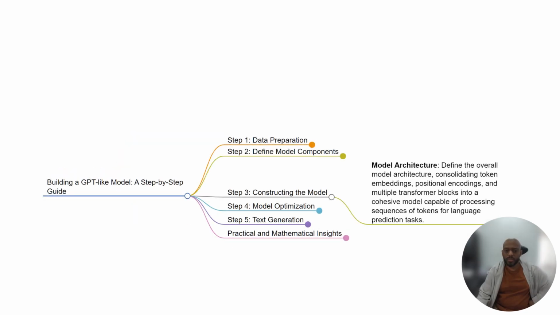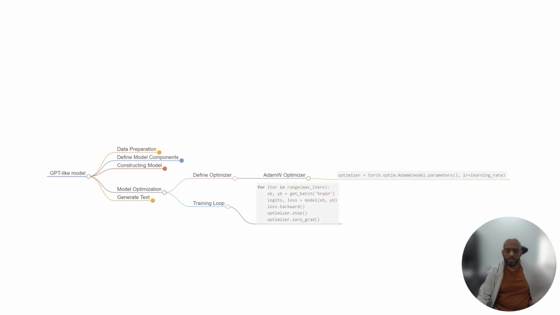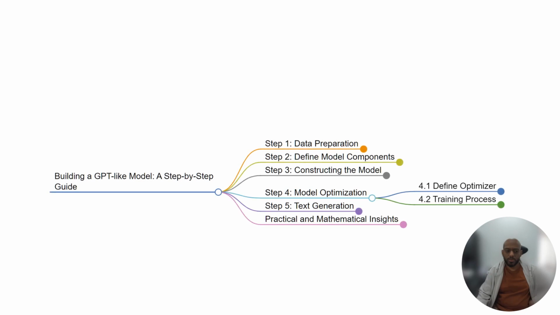Let me go back a little. Yeah, next we'll do the model optimization. We'll define an optimizer and train, and also we'll start the training process.